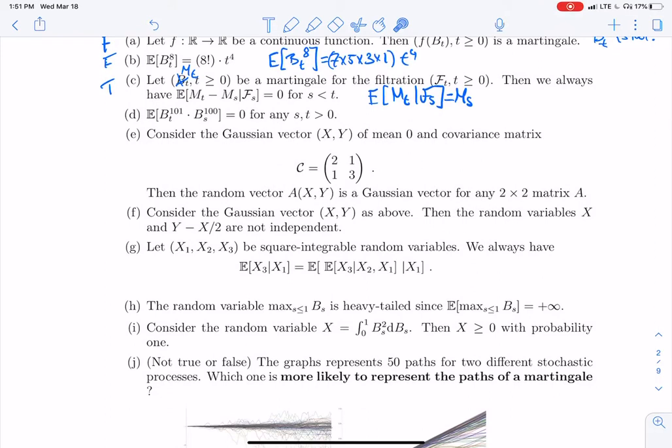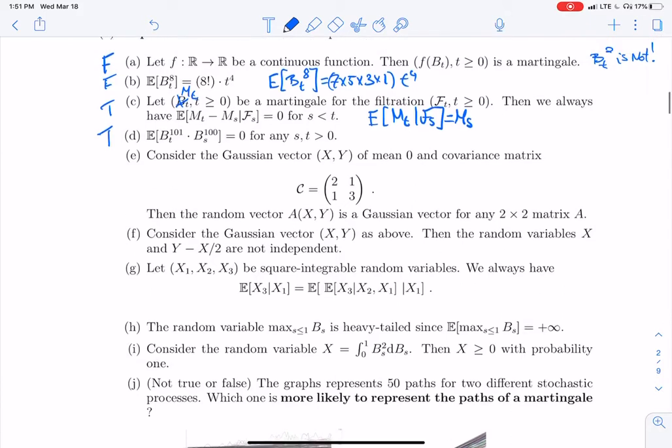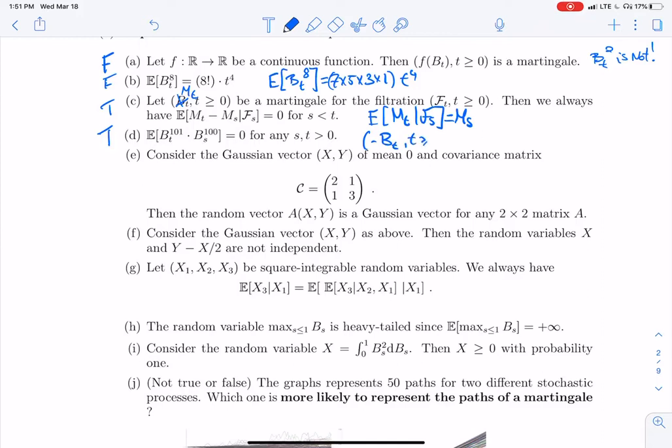Now, the expectation of Bt to the 101 times Bs to the 100 is 0, and the answer to that is true, because we know that Brownian motion is symmetric. So if I take minus Bt, the whole path, and I reverse it, this is also a Brownian motion.